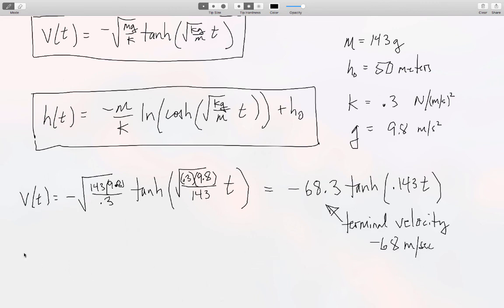Okay, we could graph that in a second, but let's just write out our height function and then I'll graph them both.